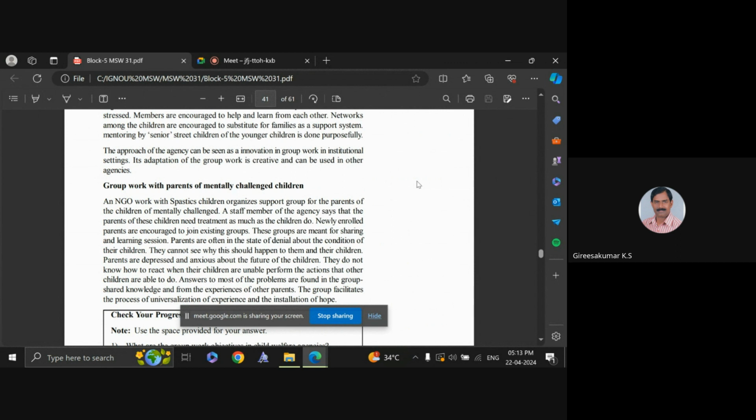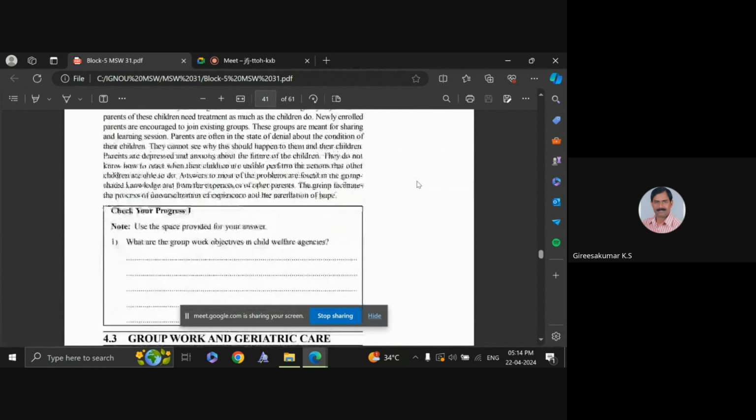So in the case of mentally challenged children, the parents are of the most importance because they need more and more support from the social workers.